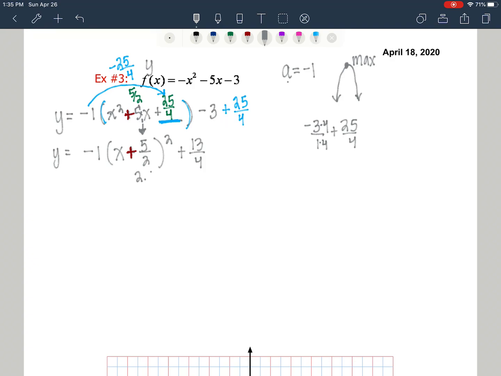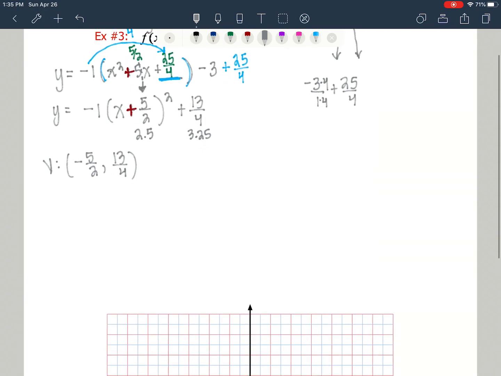So 5/2 is 2.5. 13/4 is 3.25. So our vertex, even though I'm going to put -5/2, I know that I'm going to go left 2.5 when I actually go to plot the vertex, comma 13/4.